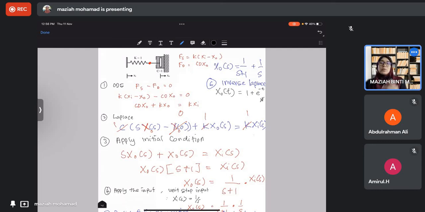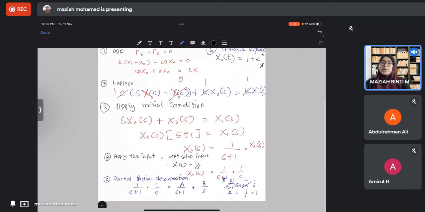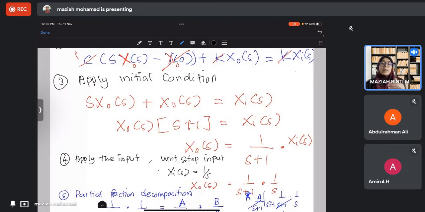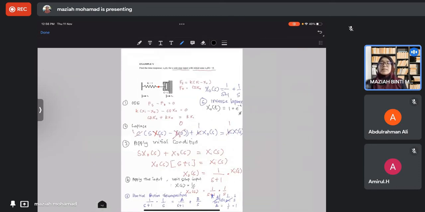So if your system requires different input, you need to redo from step number 4 here. When you apply the input, you need to apply your type of input. Maybe you want to apply unit 2 or unit 3, or impulse input. So you need to change at step number 4. The rest is the same.